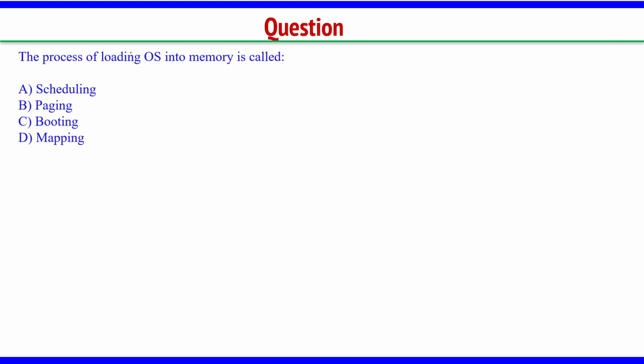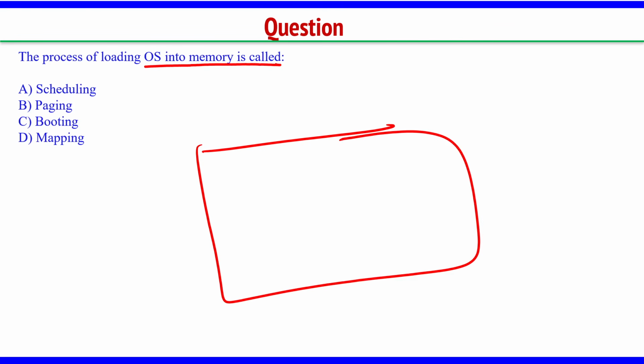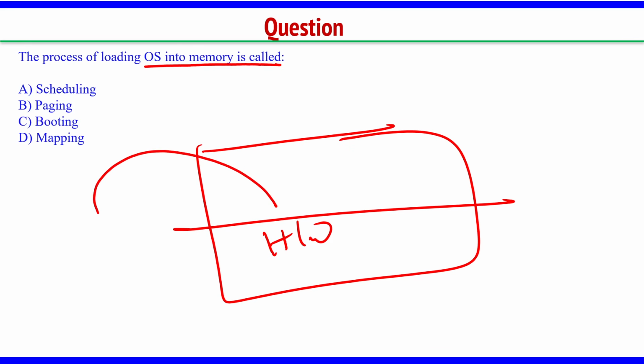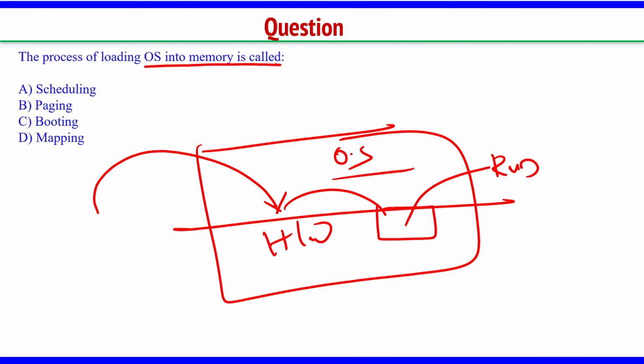Next, the process of loading operating system into memory is called. See, in your laptop, there is hardware, there is no operating system installed, but you have a facility where you can copy your operating system into the hardware, store it somewhere, then run this, so that OS is installed. So what do we call the process of loading the operating system into the memory?